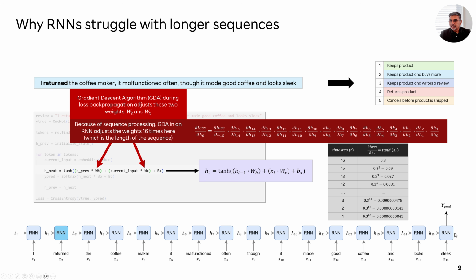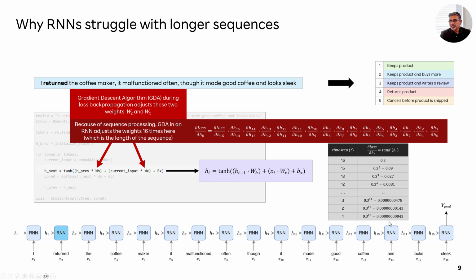Now, in the first timestamp, it is 0.3, let us say, which means that I'm going to adjust the weight by decrementing it by 0.3. That's the simplest way of understanding this. Now, in the second timestamp, when I go back, that 0.3 gets multiplied by 0.3 again, assuming each of them has the same gradient. So 0.3, a fractional number, multiplied by itself becomes a much smaller number than 0.3.